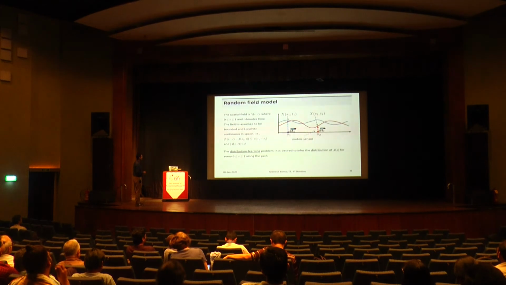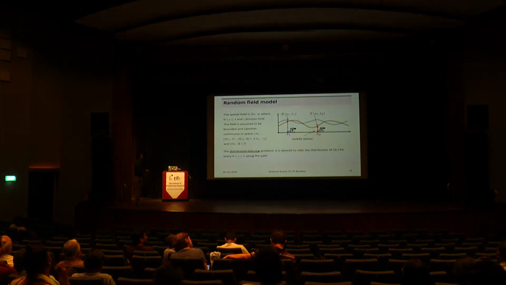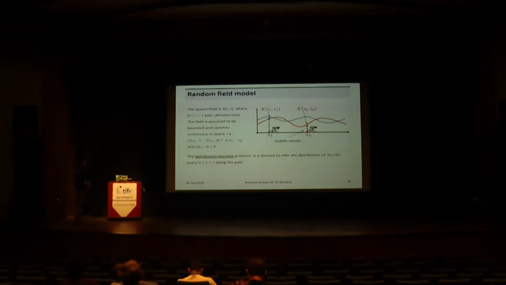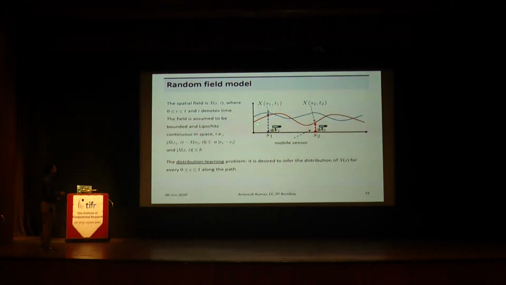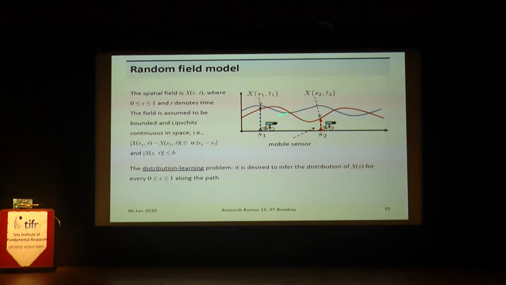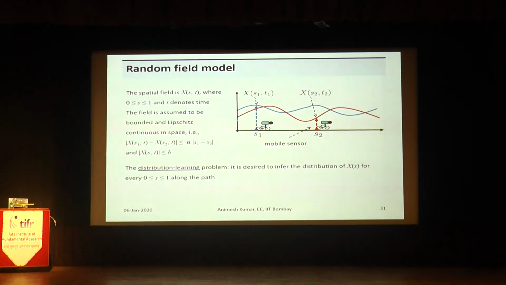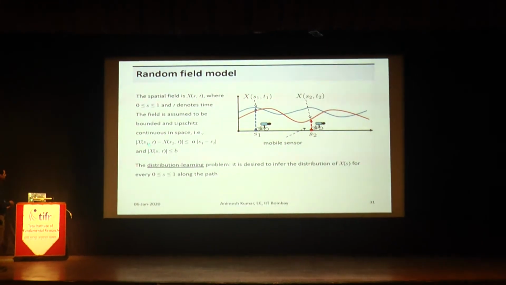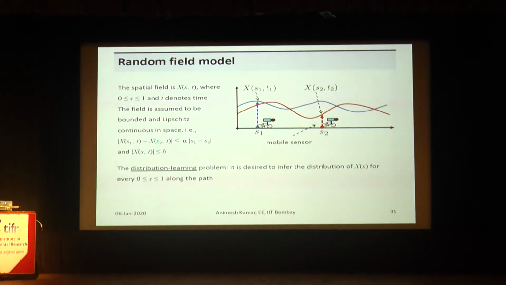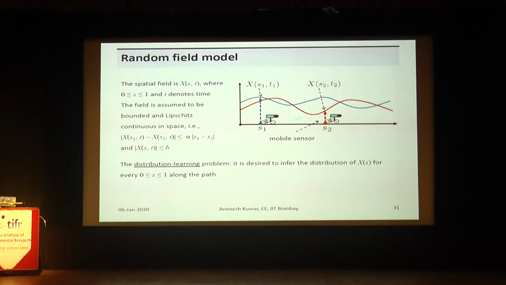So this is the random field model that we have. We assume that there's a spatial field x s of t. Every time we make a measurement, it is evolving to a different field altogether. But what we do assume is that at any given point in time, if you look at the value at 2 points S1 and S2, then the field is Lipschitz continuous, meaning the nearby values are correlated.